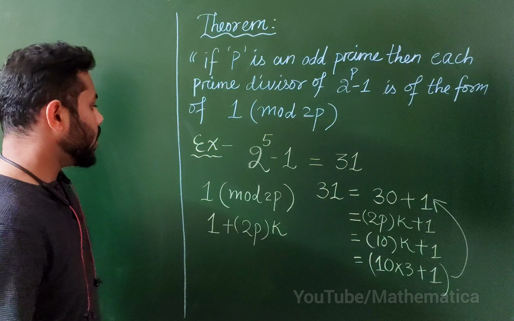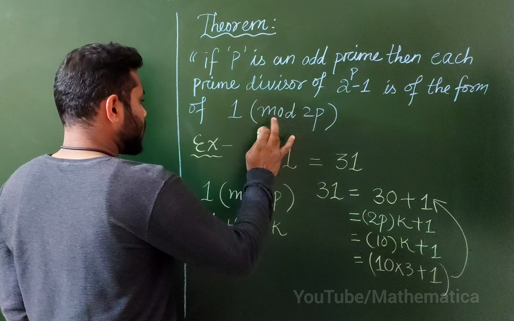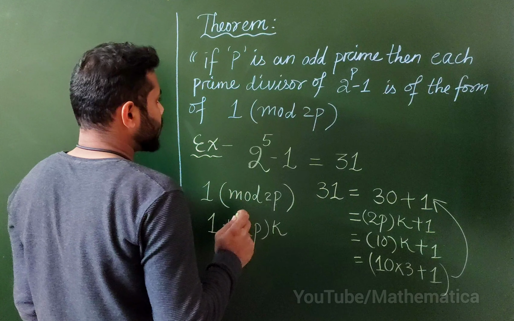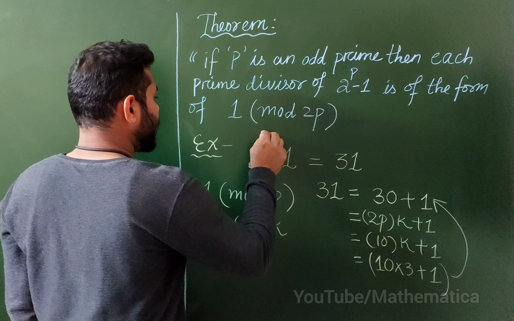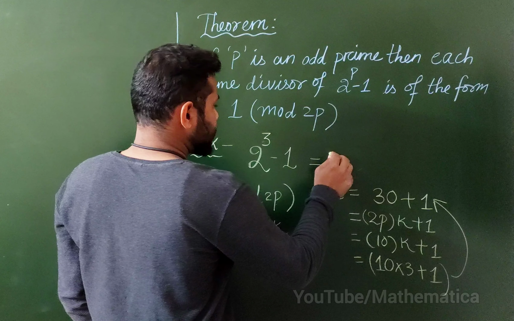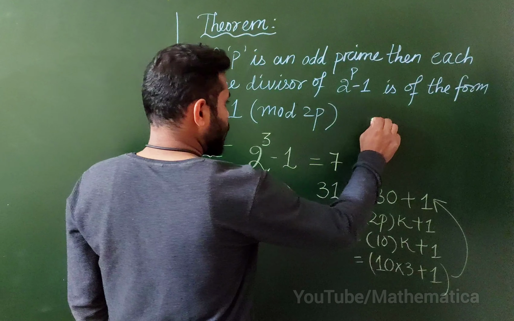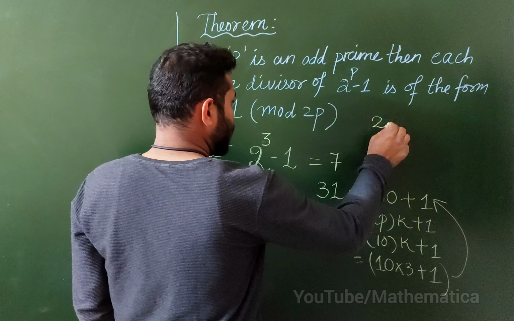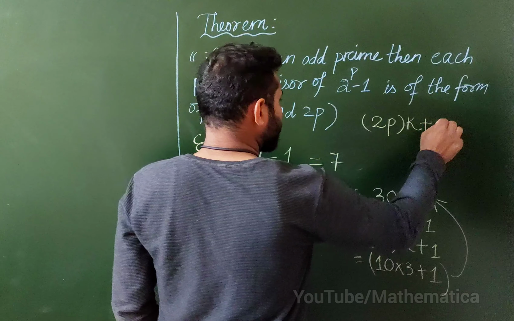Let me give you another example. Suppose you take p equal to 3. Then 2 to the power 3 minus 1 is 7, and 7 is also of the form 2p times some multiple plus 1.